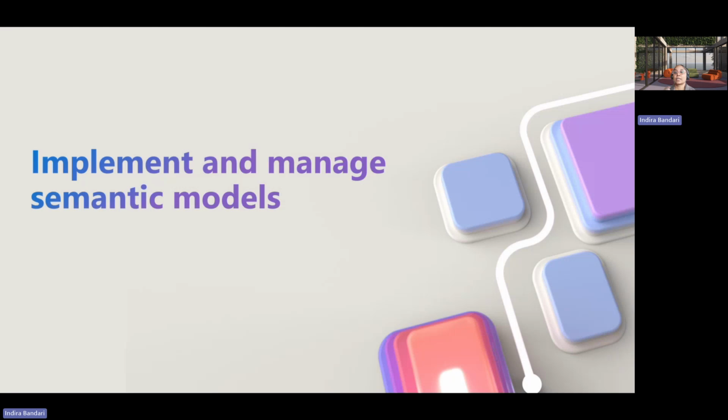OneLake provides a single lake-centric hub with Delta or Parquet storage, so models can query data without moving it, reducing redundancy and improving performance. This approach allows analytics engineers to build governed, reusable data products that power cross workload solutions at scale.